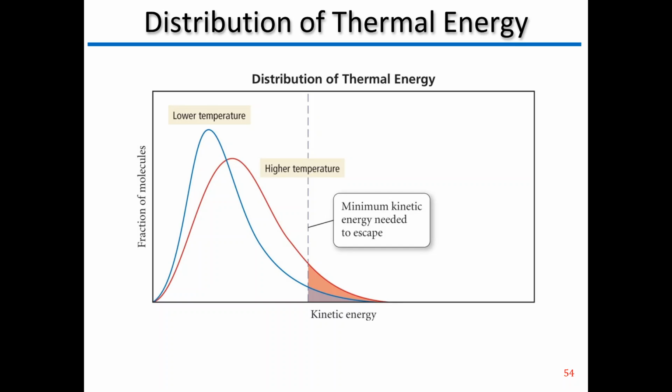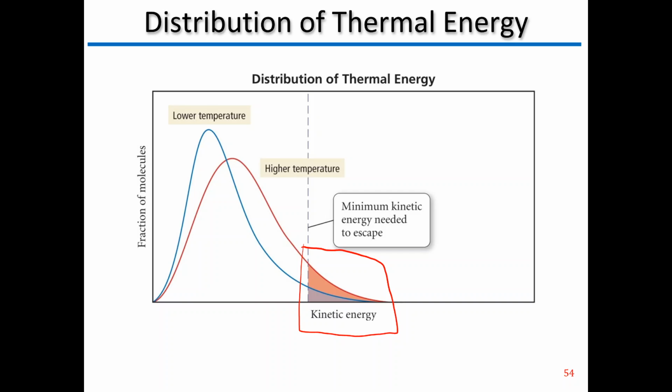This dotted line represents the minimum kinetic energy needed to escape. Escape to where? Well, escape from a liquid to a gas phase. What we see is that at the lower temperature, within this region, under the blue line, this little wedge here, we have a smaller fraction of the molecules, a smaller percentage of the sample, that has enough energy to break out of the liquid.